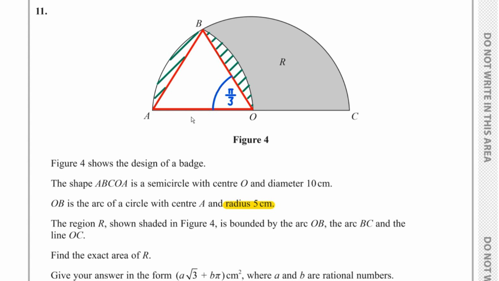We can now find the area of each of these segments. So the way to think about this is we've got the area of the sector, say ABO, and then what we can do is take away the area of this triangle to find this segment here, the segment BO.